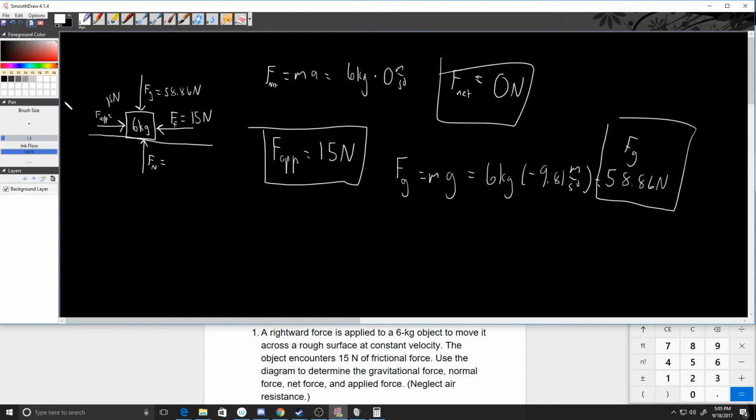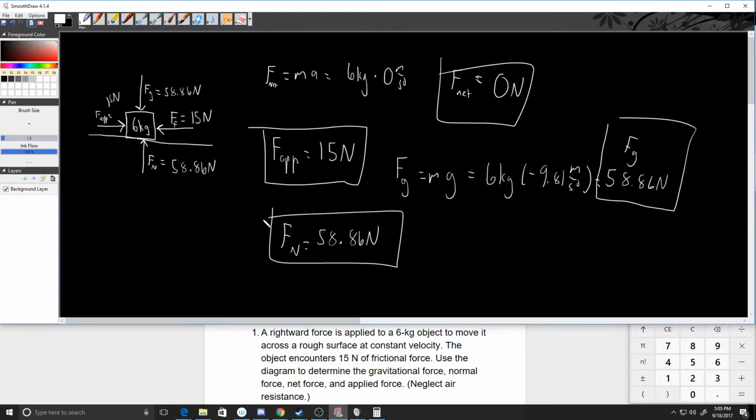So at 58.86 newtons, that's how much the box is pushing on the floor. That's also how much the floor is pushing up against the box. I could make that negative, doesn't really matter here. That means normal force is 58.86 newtons.